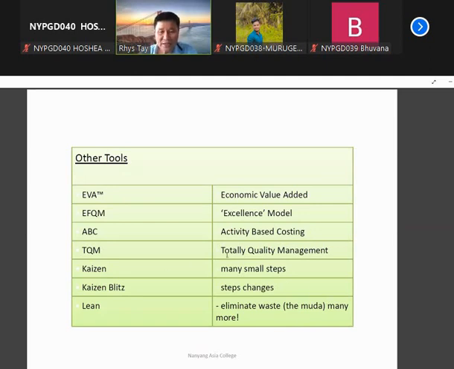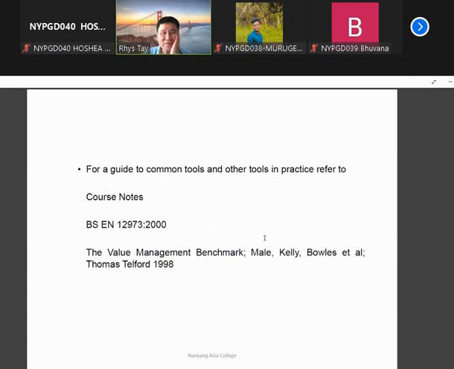In TQM, there are a lot of procedures you need to follow, but TQM is a very big subject, right? Most of us in the construction-related industry use activity-based costing. So let's look at it. For common tools and other tools in practice, refer to BS EN 12973:2000, the value management benchmark.